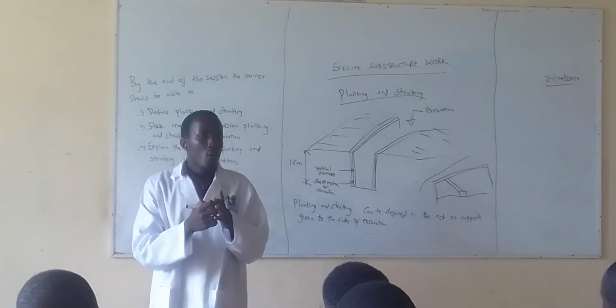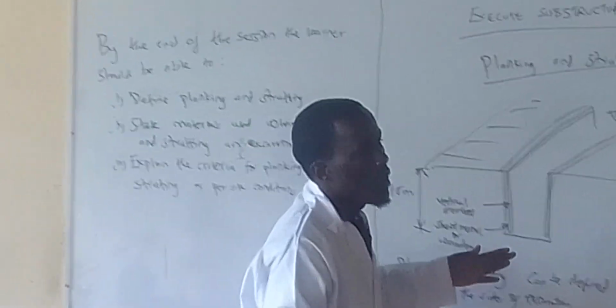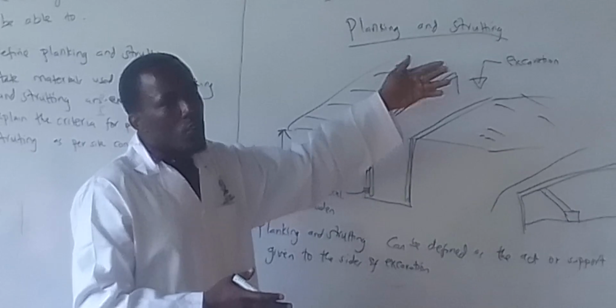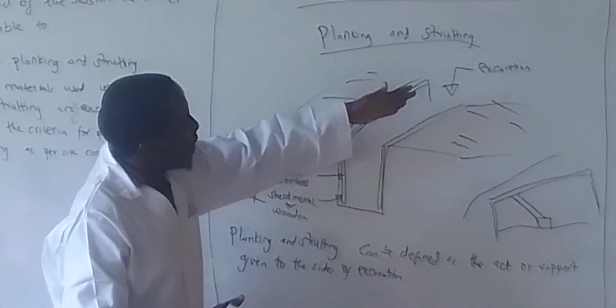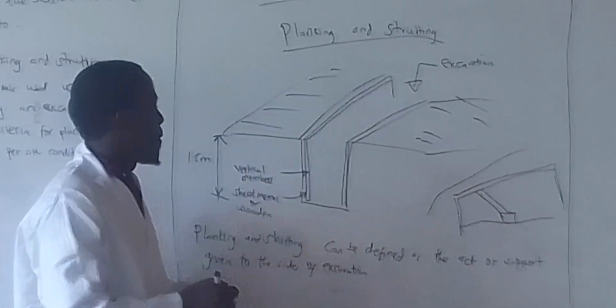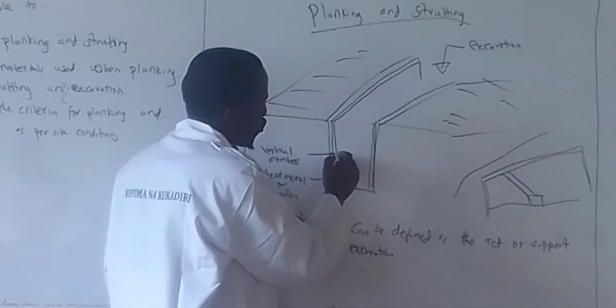They take the planks, put them together, nail them with frames, and then place them on the sides of the trench to support the slope of the trench against collapse. Then to make sure that they are stable, we can use these horizontal members.